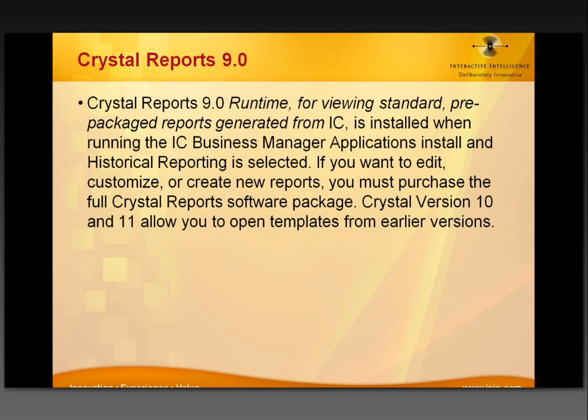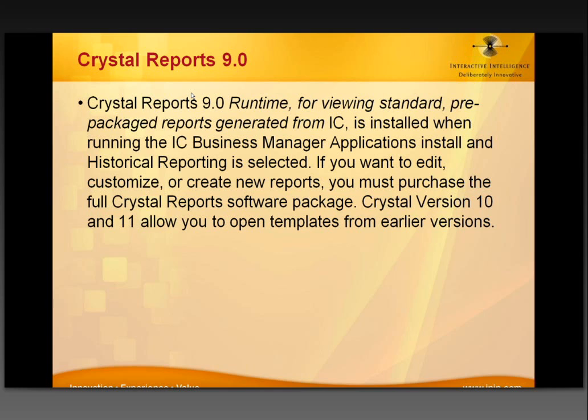So our reports, going back as long as I can remember, basically were built on the architecture of using Crystal Reports. So when you launch historical reports from either ICBM or in older versions of IC using just Supervisor, that interface that you saw when you were entering parameters and definitions is all based on Crystal.